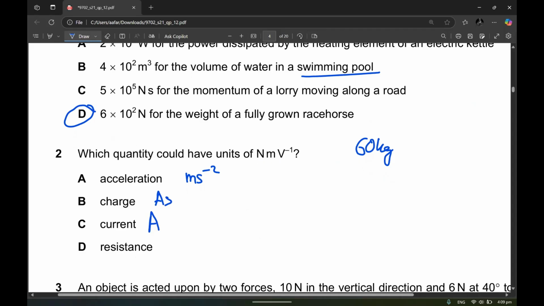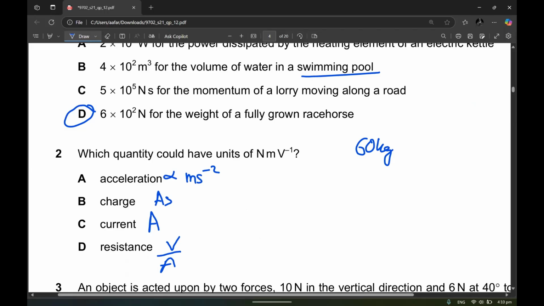Newton meter per volt. And resistance is voltage per amp. Okay, so it couldn't be acceleration. Where will volt come from in acceleration?